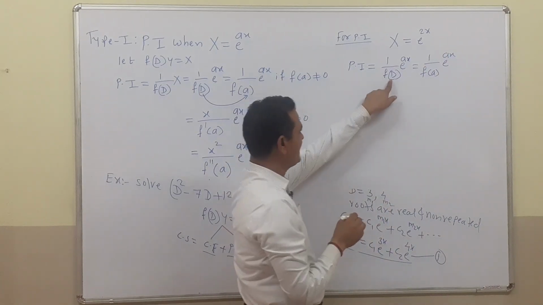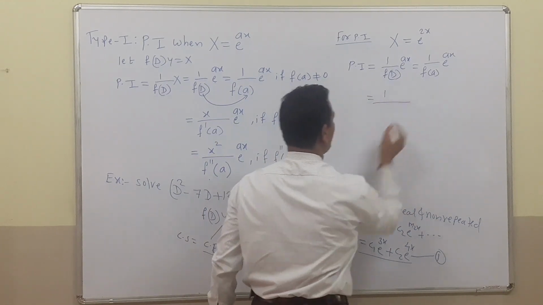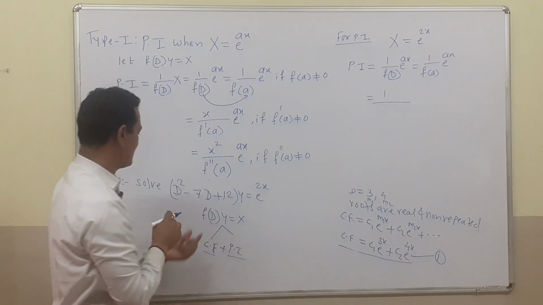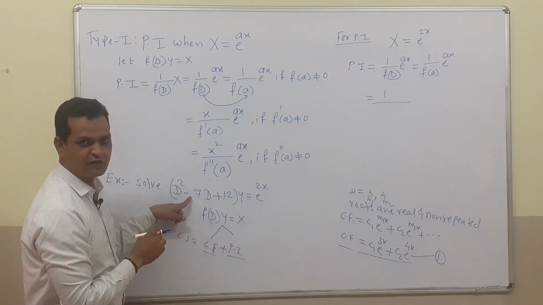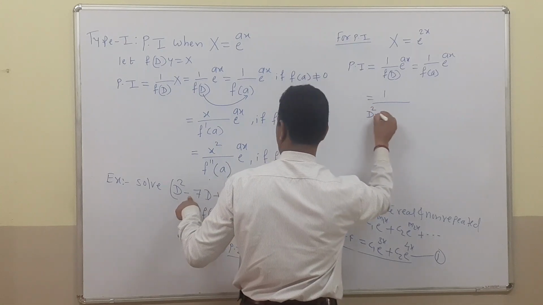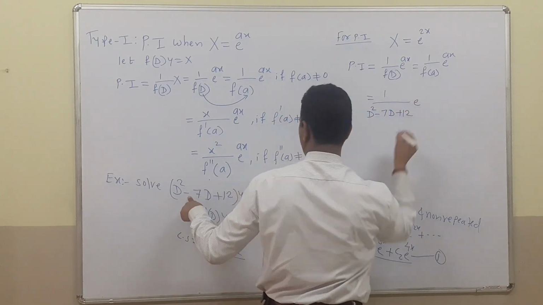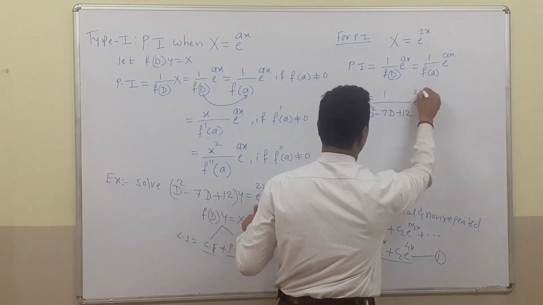That means replace d by a. So f of d means, if we compare this equation with this equation, d square minus 7d plus 12, into e raised to 2x.